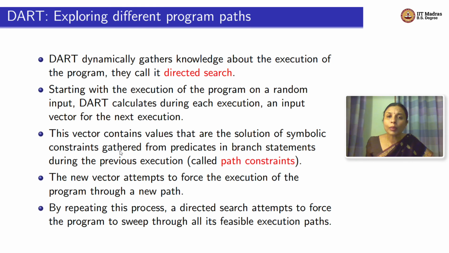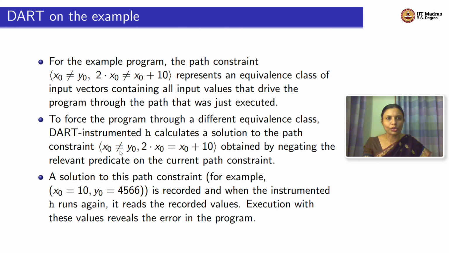Suppose you had a large path constraint, and for some reason you know you're not going to be able to solve it. You give up on symbolic execution and go back to concrete execution. That is still better than not executing the program at all fully symbolically. Parts of it are executed symbolically. Path constraints are collected to drive the program to alternate paths. Whenever you can't, you resort back to concrete execution and then resume symbolic execution.